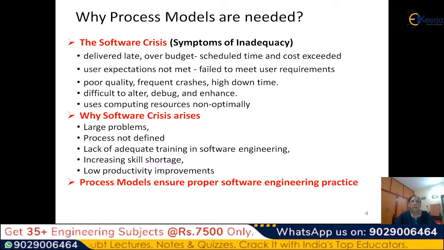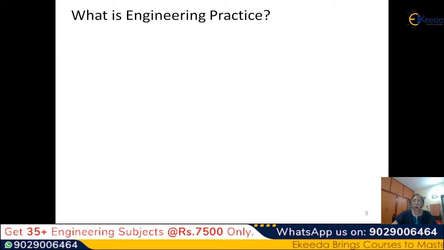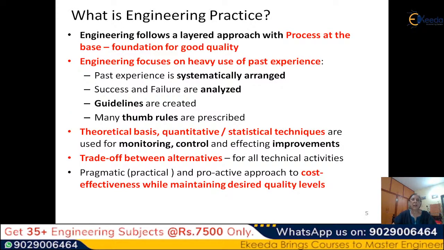So that is why process models are needed. Process models will ensure that the software engineering practices are followed and the software is developed in a proper way. So let's look at what is engineering practice.